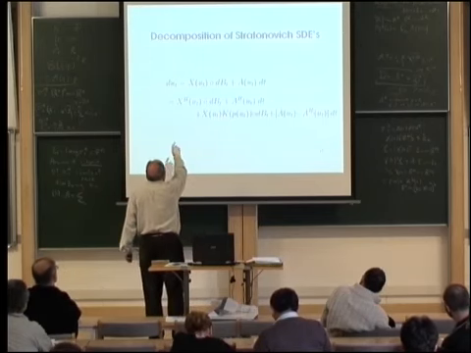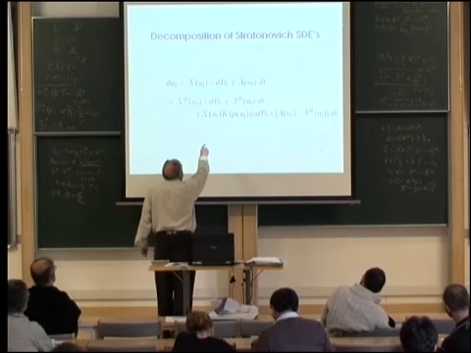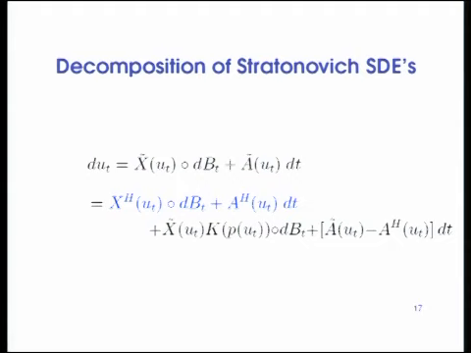We just substitute for dBt, but we have to be careful: we can't use the essential noise without changing to Ito equations. So here I've just written our Stratonovich equation as a horizontal bit plus another bit. So this will be the generator of AH, and that will be the generator of BV. Sorry, the other way around. This will be generated by AH, and that will be generated by BV in our decomposition of the diffusions.